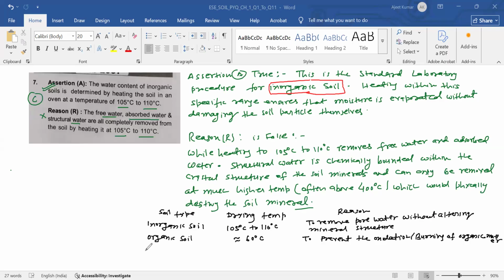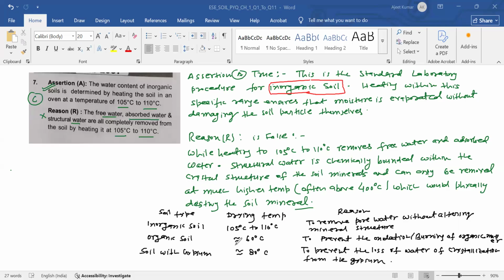And if the soil contains gypsum, the drying temperature will be around 80 degrees Celsius, because we need to prevent the loss of water of crystallization from the gypsum.